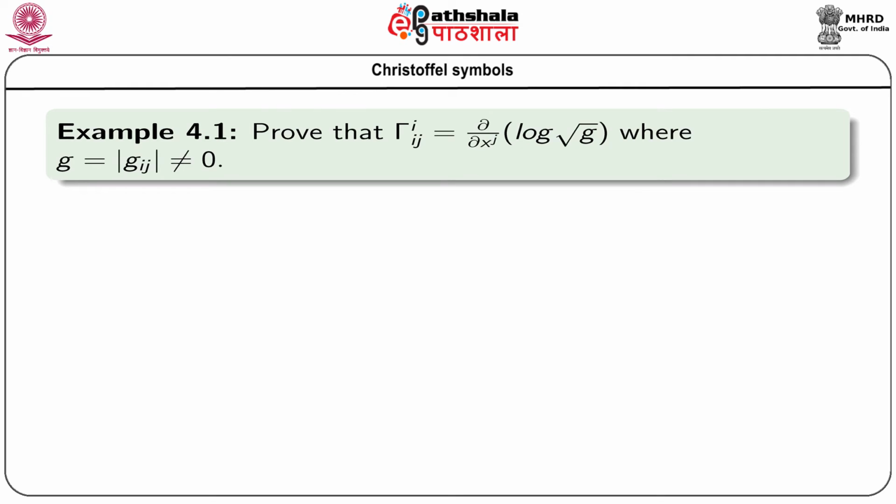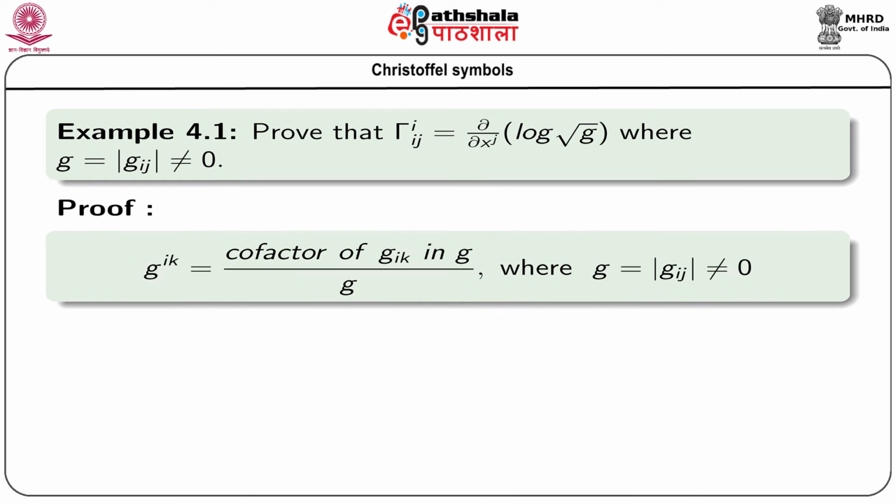Example 4.1 is also a property where we can see that Γ^i_{ij} becomes ∂/∂x^j of log root g, where g is the determinant of g_{ij}, provided g is not equal to 0.